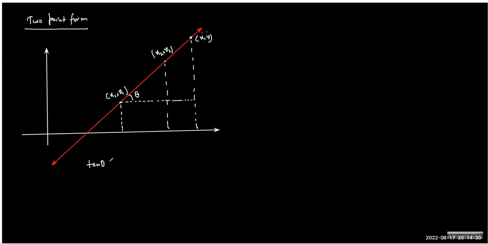So tan theta we can write in two ways, either in terms of y1, y2, x1, x2, or in terms of this and this point, the bigger triangle. And if you write in terms of the bigger triangle, how are we going to write? Tell me, guys, please. y minus y1 upon x minus x1.